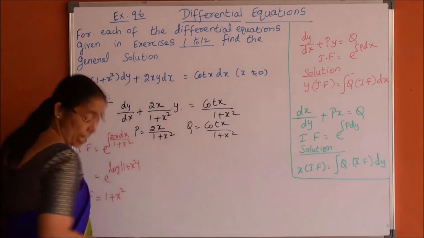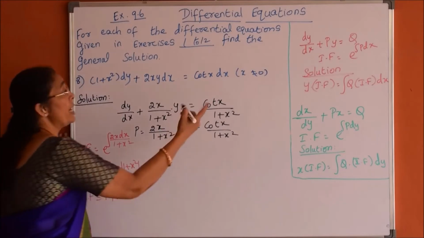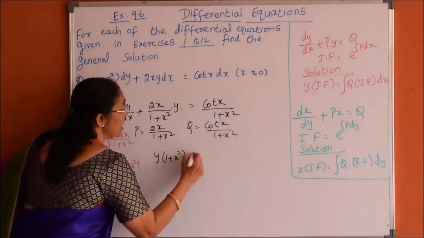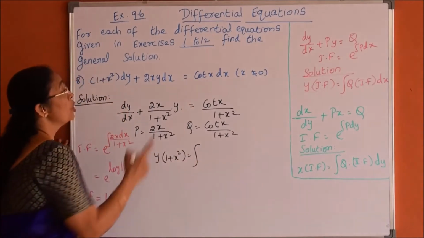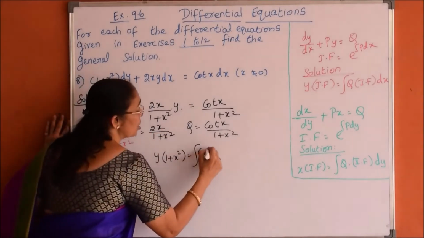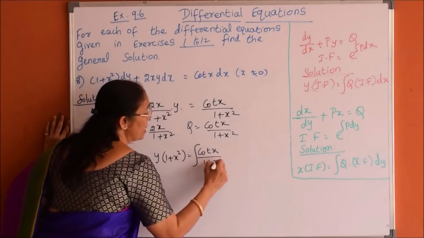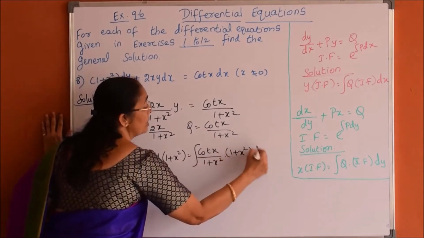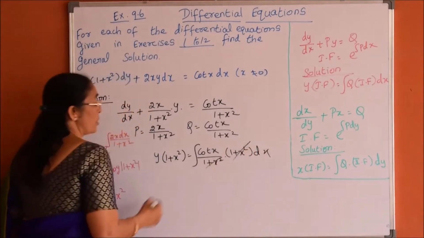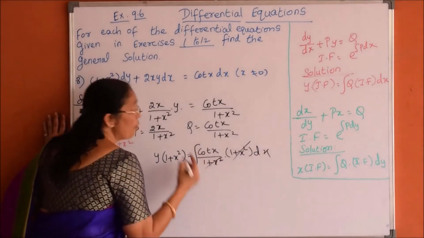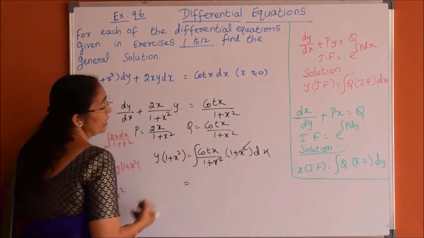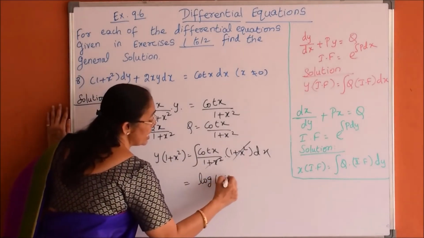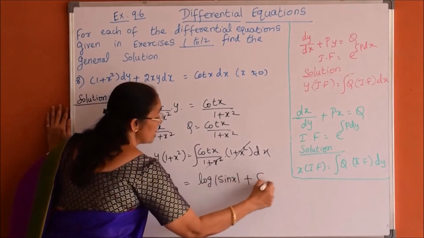Now the solution: y into the integrating factor, y into 1 plus x square, is equal to the integration of the q function. The q function is cot x divided by 1 plus x square into the integrating factor 1 plus x square dx. So 1 plus x square gets cancelled. Integration of cot x dx. The integration of cot x is nothing but log mod sin x plus c.